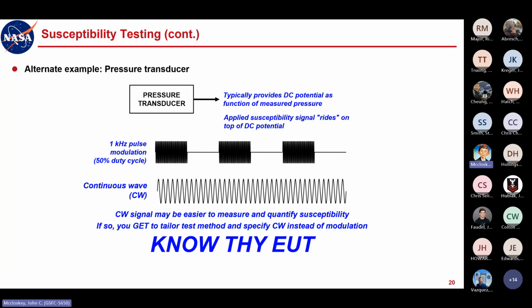So, if you ask me, what's the best way to test, with a CW signal or with a modulated signal? What's the answer? You should know that it's the same answer to any given EMC question. It depends. Thank you. It depends.